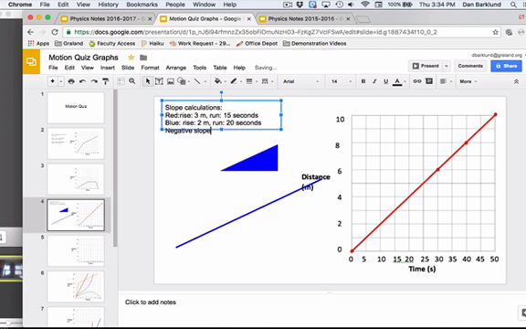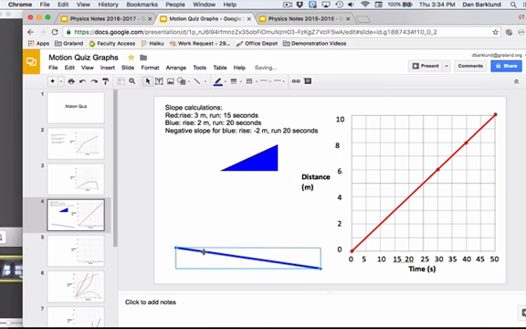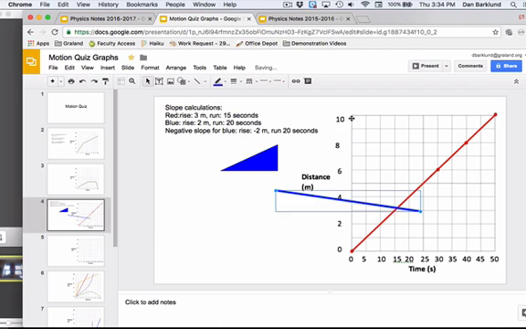A negative slope for blue means it's going to rise a negative 2 meters while it runs 20 seconds. Rising a negative 2 meters sounds kind of like a double negative, but it just means it's going to drop 2 meters. So we need to drop 2 meters from 10 to 8 while we're running 20 seconds.